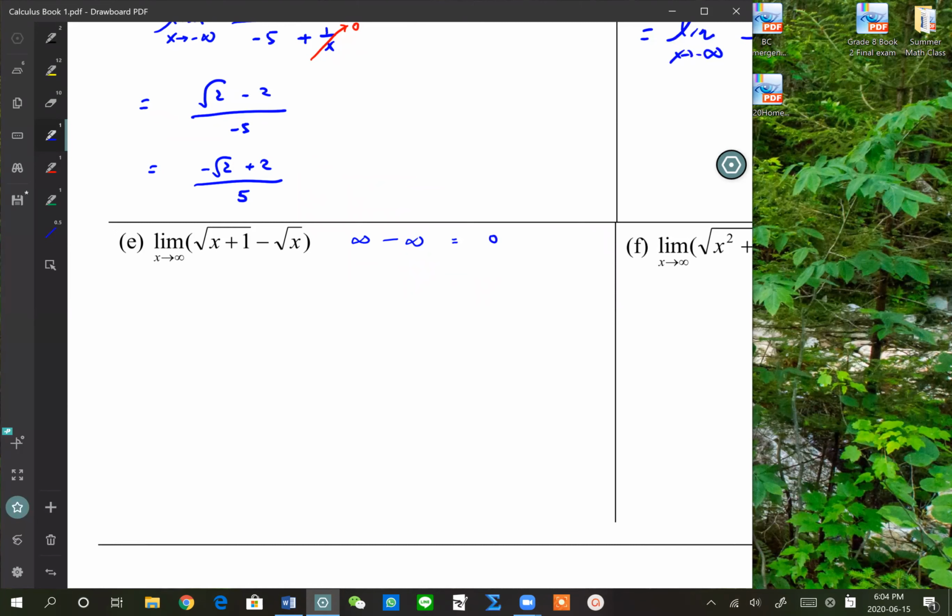But if the first one is way bigger, you will get infinity, and if the second one is way bigger, you'll get negative infinity. So you have 3 possibilities. That's why it's called indeterminate. So let's put it here.